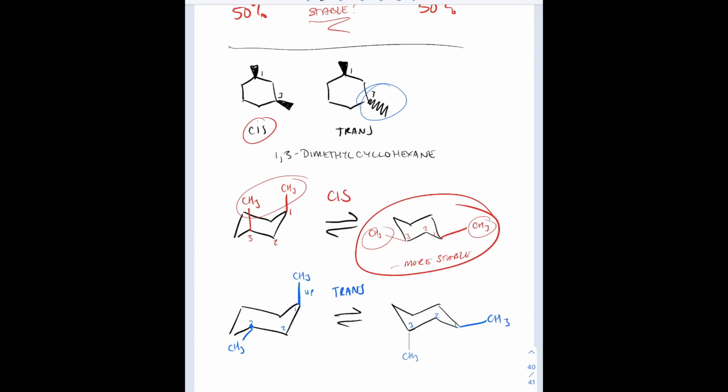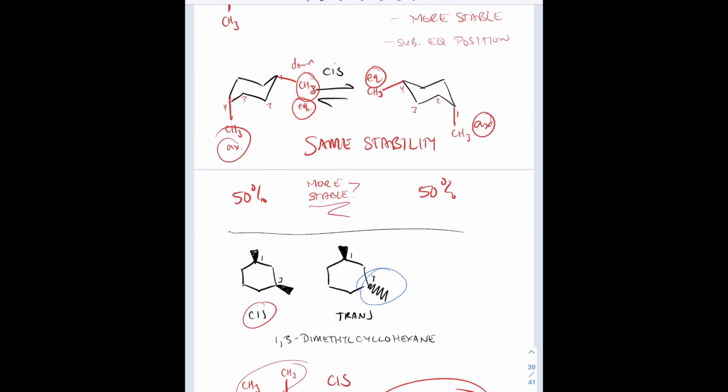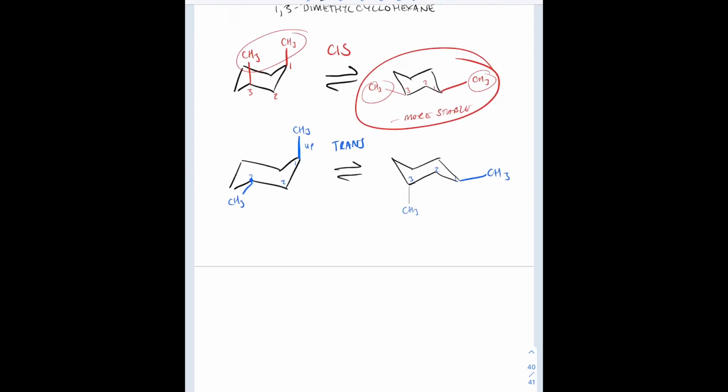So which one's more stable? Remember up here we kind of had the same stability when we had one in the axial, one in the equatorial, one in the axial, one in the equatorial. So they have the same stability.